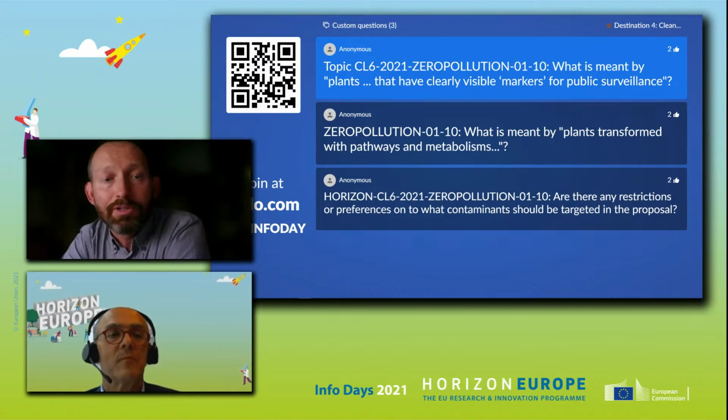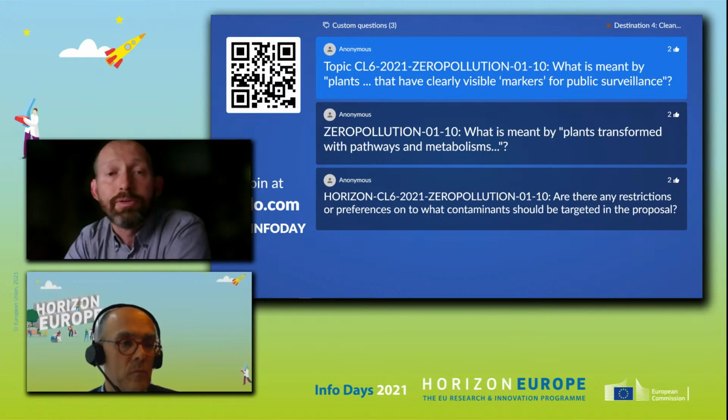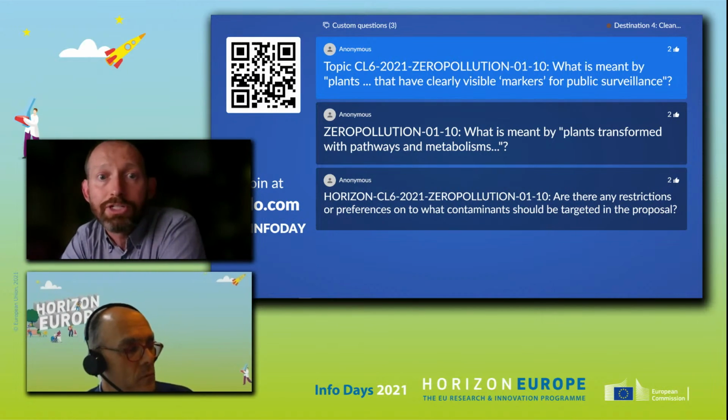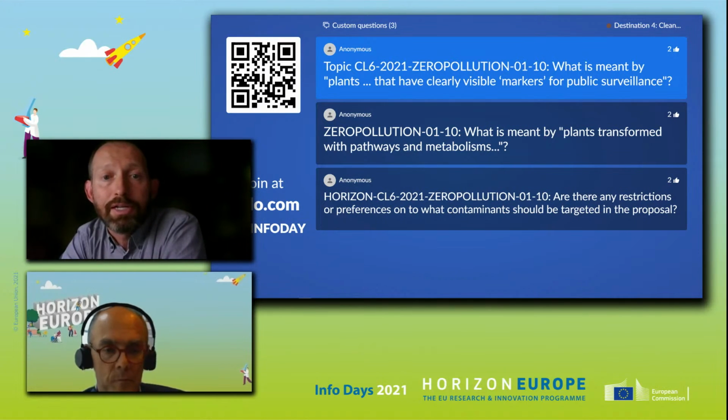So here we are looking at the outcome, or actually this is part of the scope, point C, mentioning the identification and characterization of plants that are transformed with pathways and metabolisms helping with target uptake of targeted contaminants.